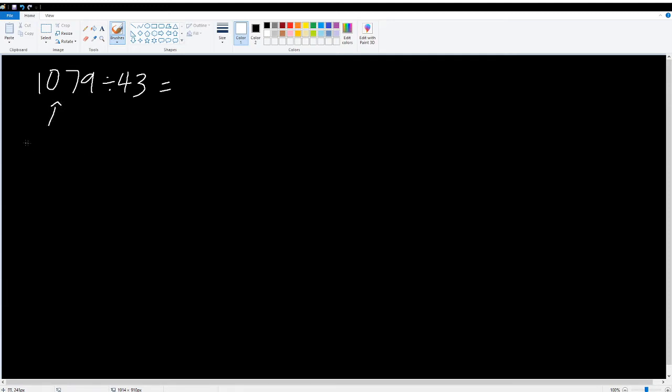1079 is called the dividend, D-I-V-I-D-E-N-D. And then the 43, the thing it's being divided by, is called the divisor, right?